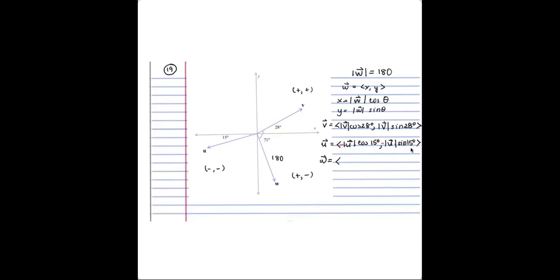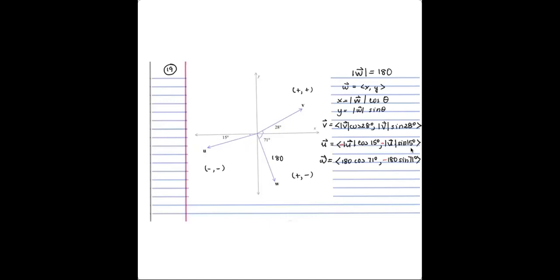So w is going to have a positive component for x because the first component is positive, so it's going to be the magnitude of w, but the magnitude of w is 180. So it's going to be 180 times the cosine of 71 degrees. But for the second component, it's negative, so I need to make sure I add in that negative component. So it's going to be negative 180 sine of 71 degrees.